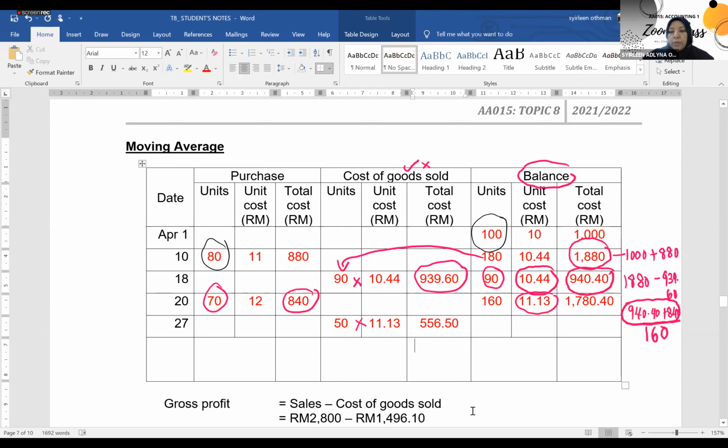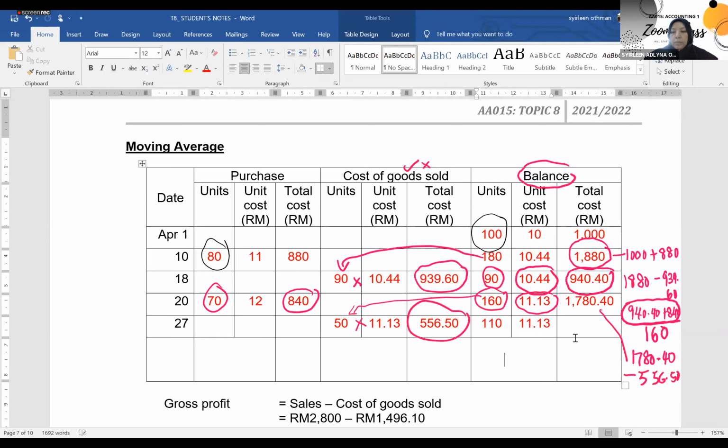Okay, so sekarang berapa baki inventory yang ada? So previously you have 160, so dah tolak 50 kan? Okay, so tinggal 110. Okay, masih pada harga RM11.13. Okay, so balance ni, balance yang tinggal ni ialah RM1,780.40. Okay, tolak ni 556.50.